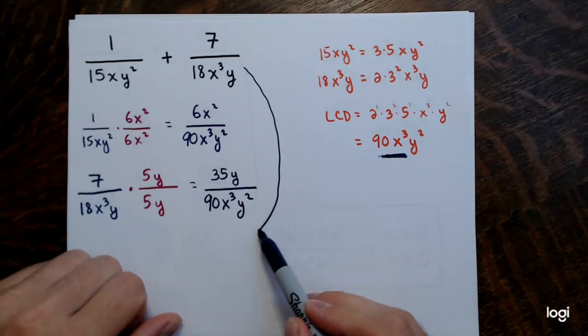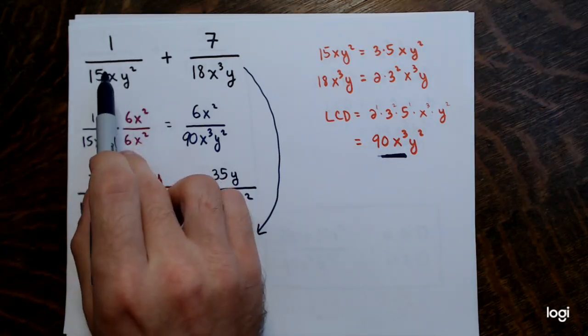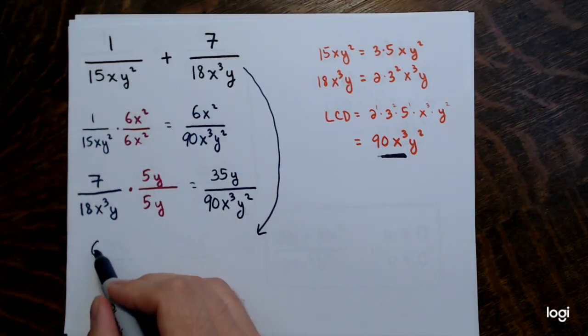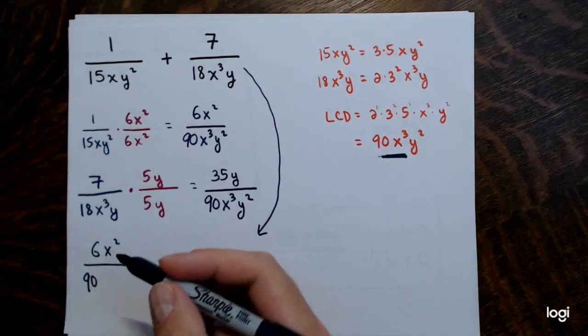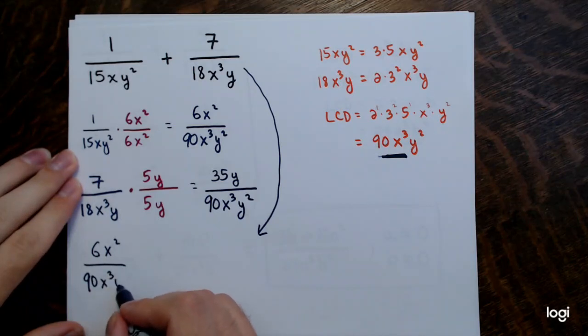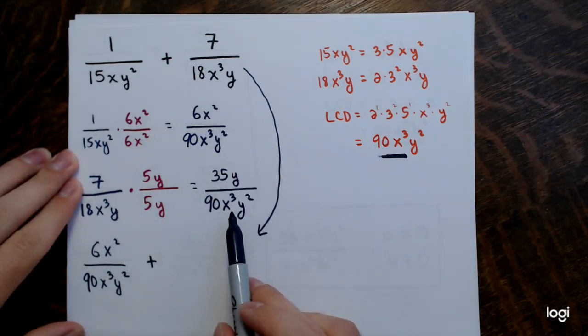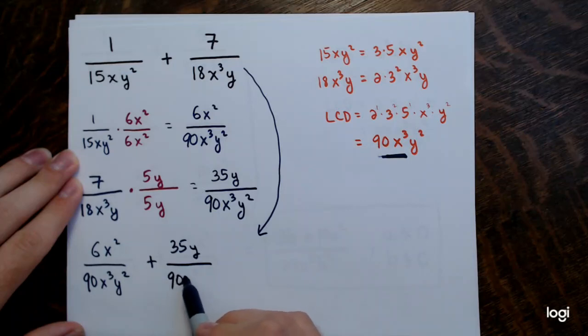So now that I have these equivalent fractions, I'm going to write my sum as this new sum. So this fraction plus this fraction will be equal to 6x squared over 90x cubed y squared plus, and then the second fraction was equal to this with the denominator of the LCD. So 35y over 90x cubed y squared.